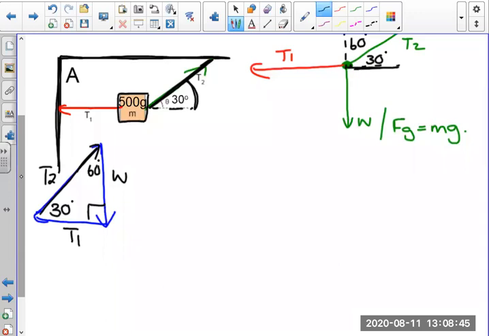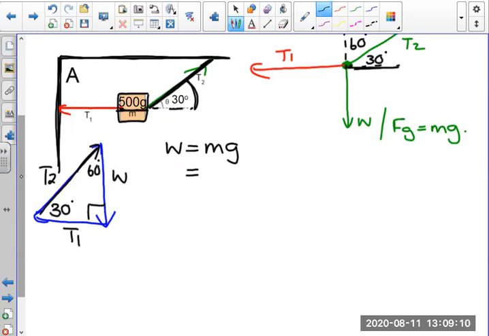So when I want to work out the weight of the block, I'm going to say it's m times g. Now in paper 1, the mass must be in kilograms. Now this block's mass is in grams. So I have to divide it by 1,000 to get kilograms.